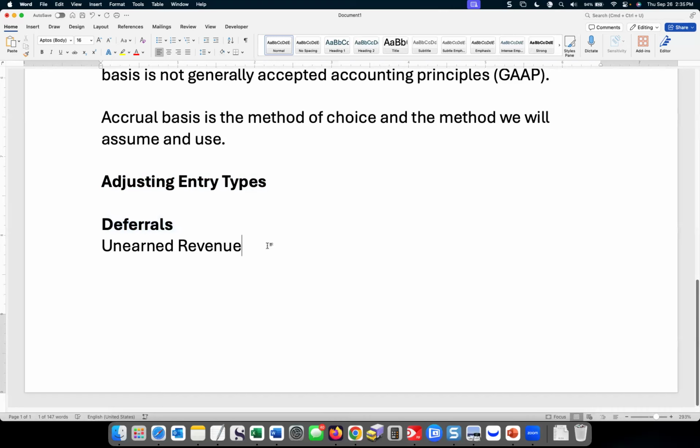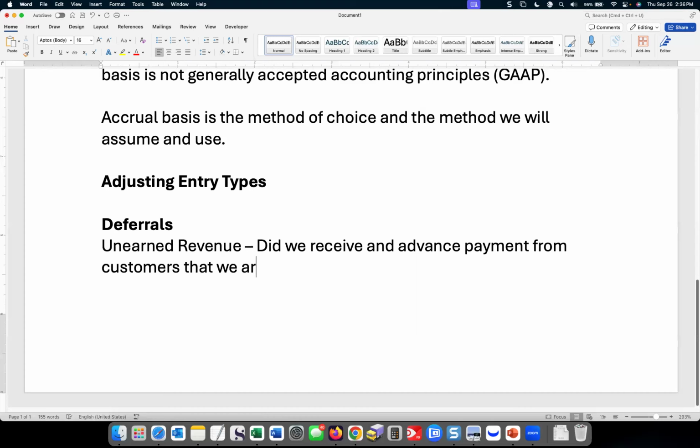All right, unearned revenue. And what you would do for this, you'd ask this question. Did we receive an advance payment from customers? All right, so that's the situation that creates the unearned revenue liability that we are now earning by performing the service.